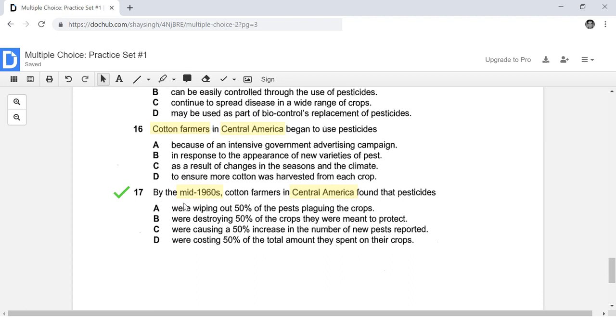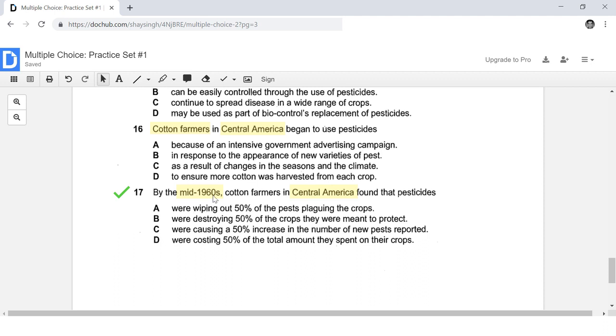It says, by the mid-1960s, cotton farmers in Central America found that pesticides, let's go through our answer choices. A says, were wiping out 50% of the pests plaguing the crops. No, it doesn't say that. We're talking about the financial outlay. Remember? The financial spending. We're talking about the production costs.